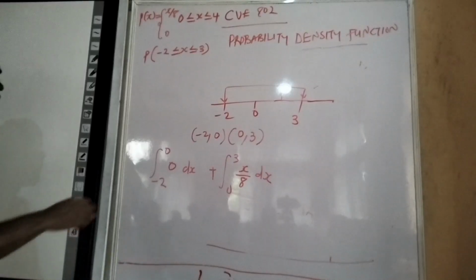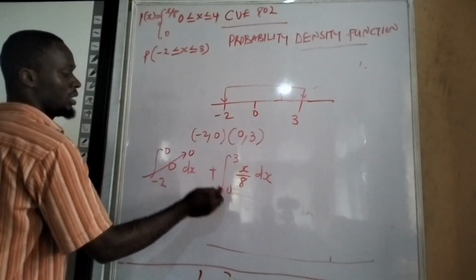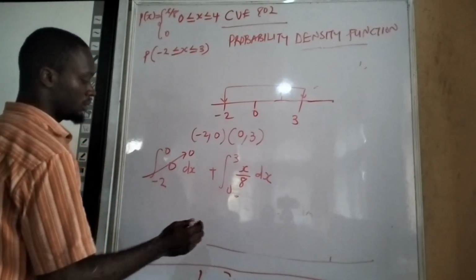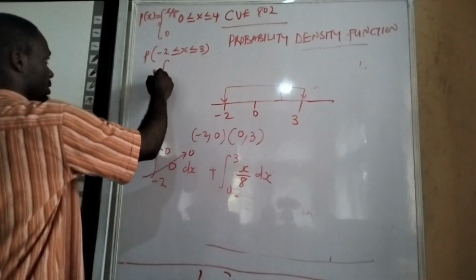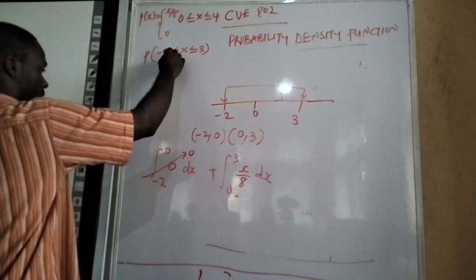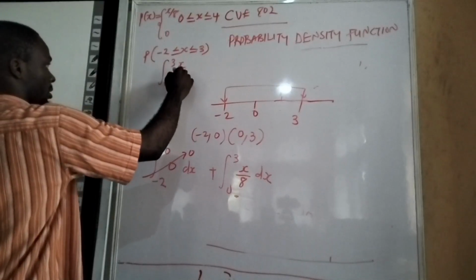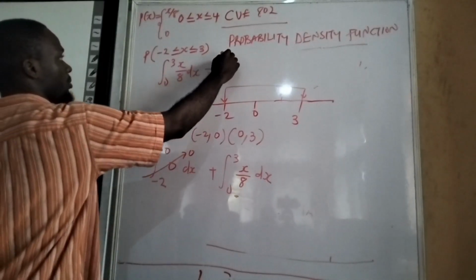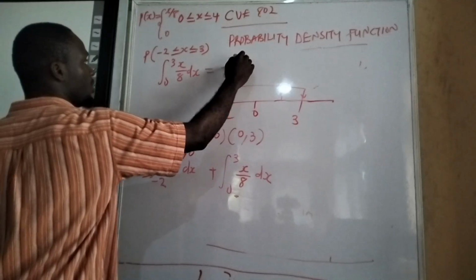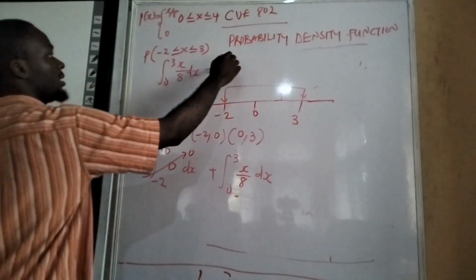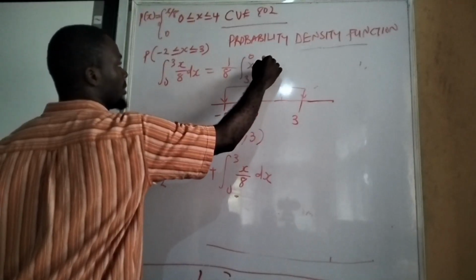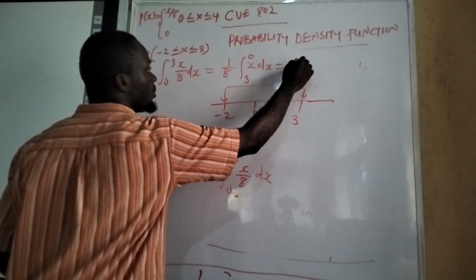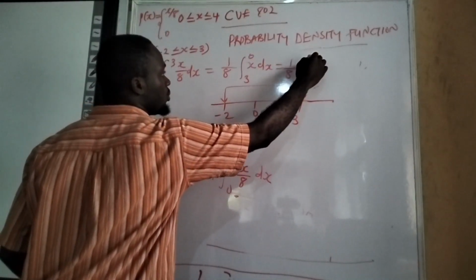So this one will give us 0. So now to integrate this one, we have to integrate, so we bring 1 over 8 outside. If you integrate x, we have x squared over 2.